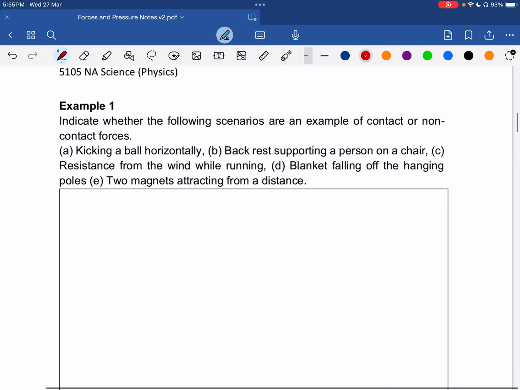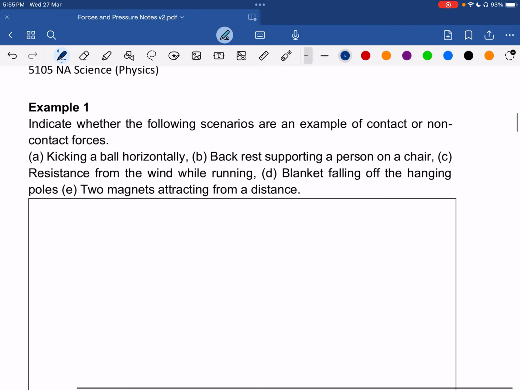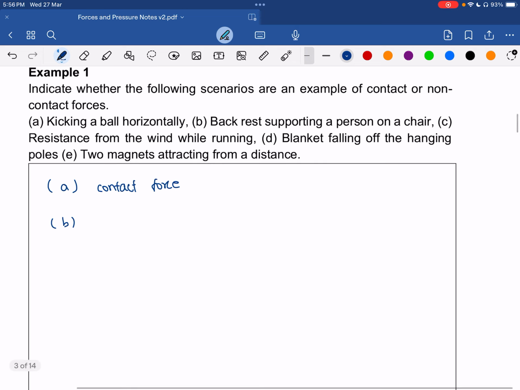Now let's try an example question. Indicate whether the following scenarios are examples of contact or non-contact forces. For the first one, kicking a ball, that is definitely a contact force. Part B, a backrest supporting a person on a chair.